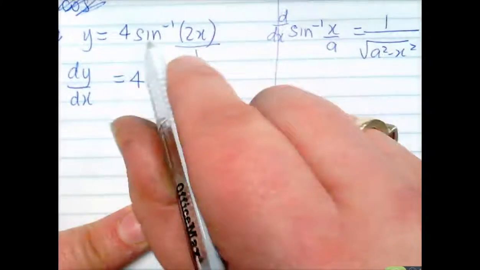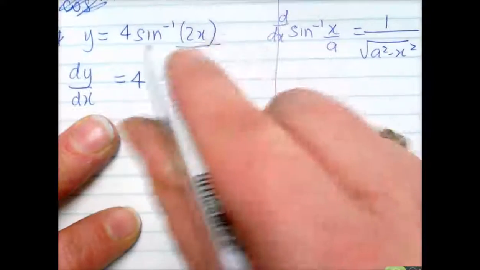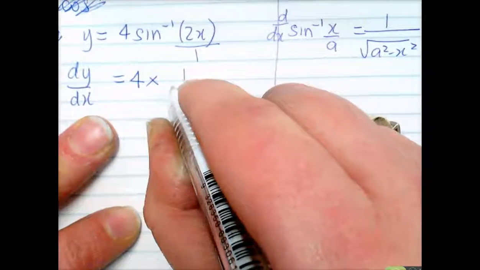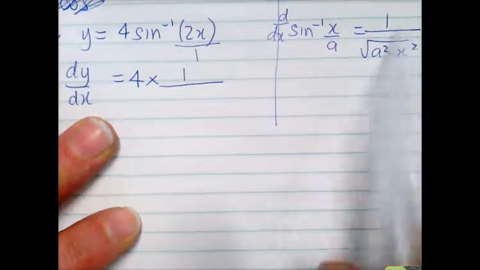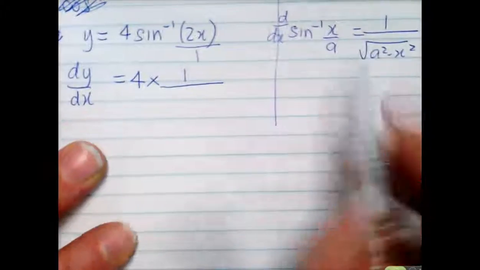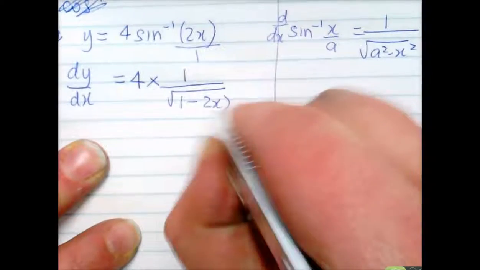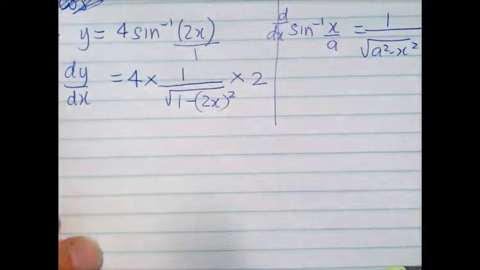So it's 4 times the derivative of the inverse sine of x. Now the derivative of the inverse sine of 2x is what? 1 over the square root of what? 1 minus 2x squared times, differentiate the 2x and you get 2.